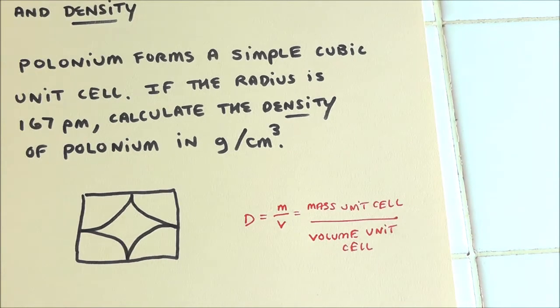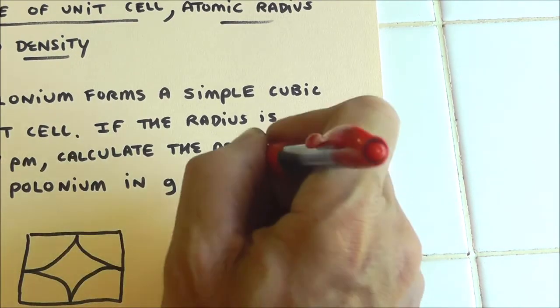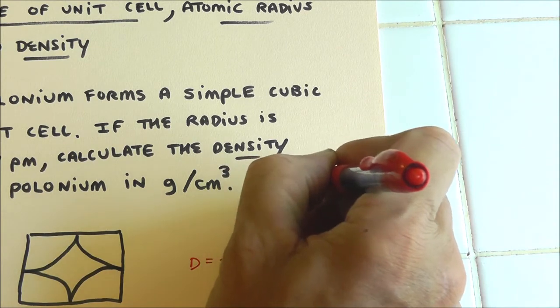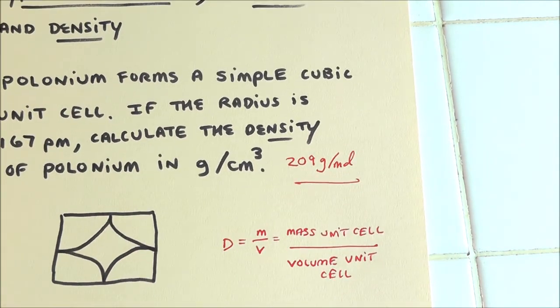Now if that was Gen Chem 1, you'd be able to answer that question. You'd just take the number in the periodic table, 209 grams per mole. I would have to have looked that up. And I would divide that by Avogadro's number, which is how many particles are in a mole. So the mass of this is going to be pretty easy to figure out.